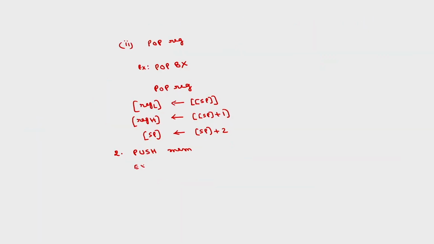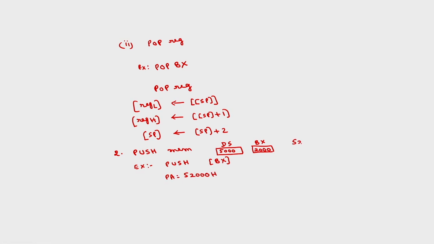If I write the same example, push simply BX. Suppose before this DS is, again in all memory computations, DS by default is the segment register. BX is 5000, 2000, then the physical address will be 52,000.